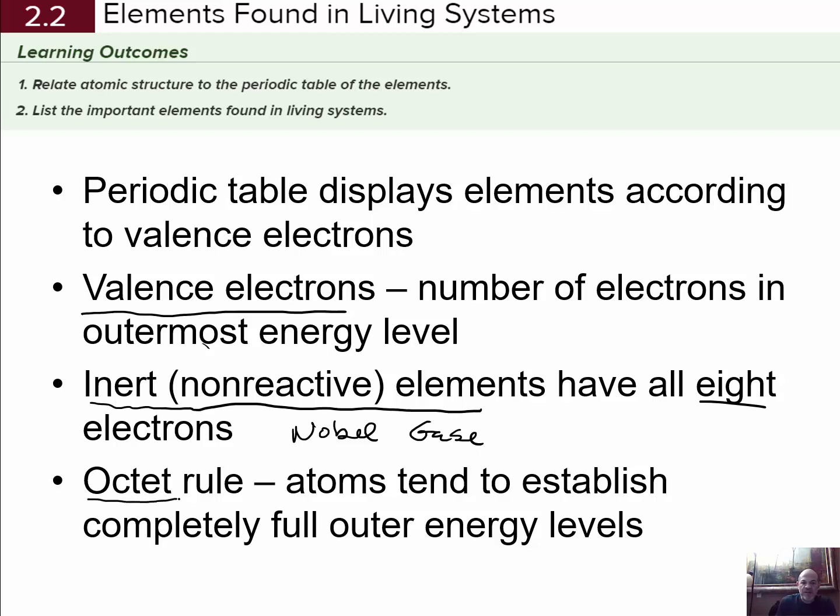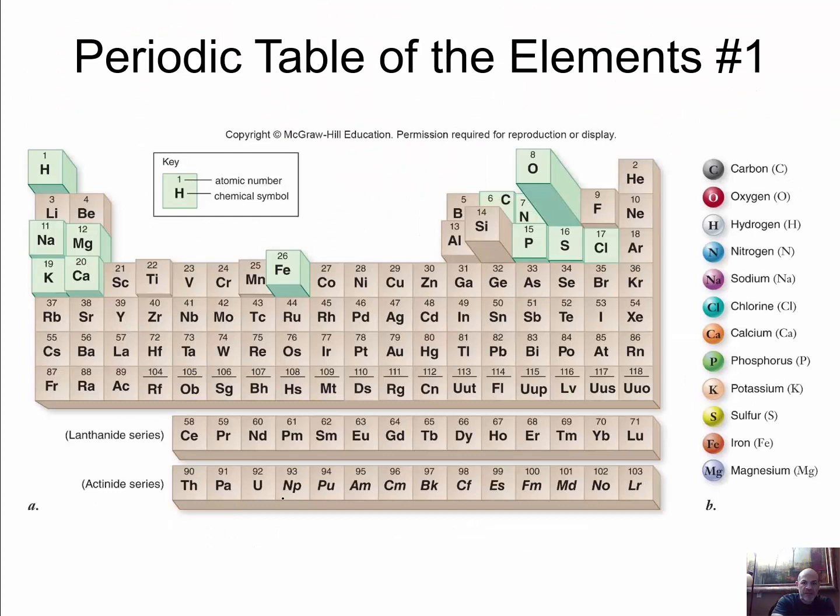So when it comes to trying to predict what kinds of compounds or reactions we can make, we're going to be following the octet rule. And that means that all of these atoms are going to tend to want to become noble by trying to establish an octet, or get 8 in their valence shell. When they do that, they become more stable. Okay, so that's where we're headed with this.